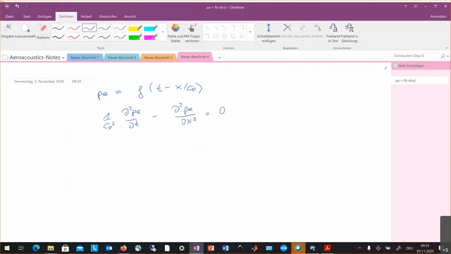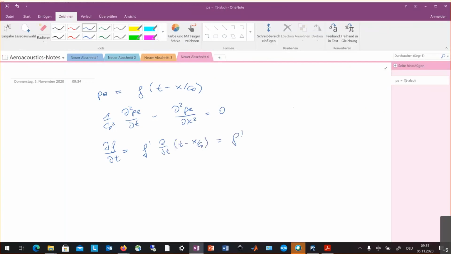Now, a time derivative of this function is just the derivative of this function, which we can say is f prime, and then the inner derivative, as you know, and the inner derivative is nothing else than d dt of the argument, which means it is just the derivative of your function itself.